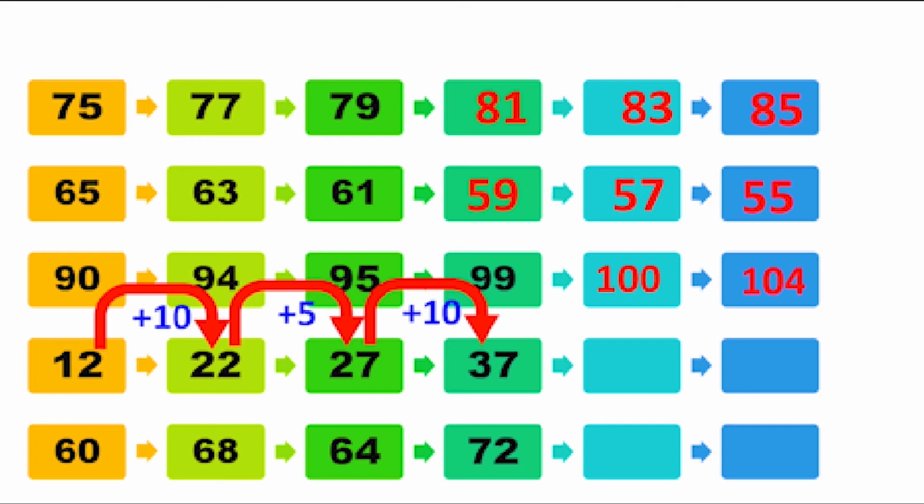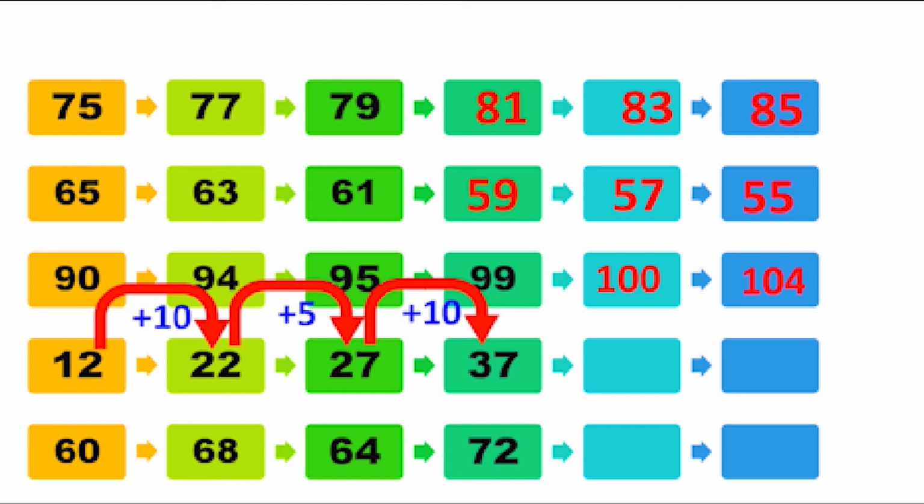The unit is the same, but the tens 2 becomes 3. So I change only the tens. So it means I adding 10. 12, 22, 27, 37: +10, +5, +10.